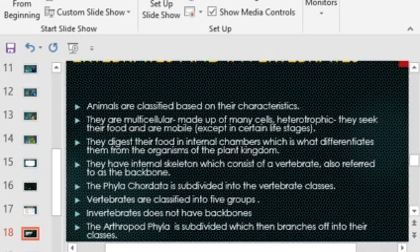So it is the only phylum of the invertebrate group that actually branches off into a subphylum. So that's very interesting to note.